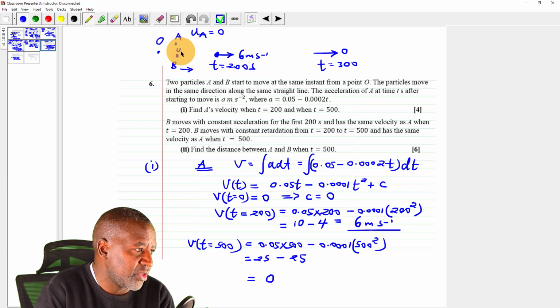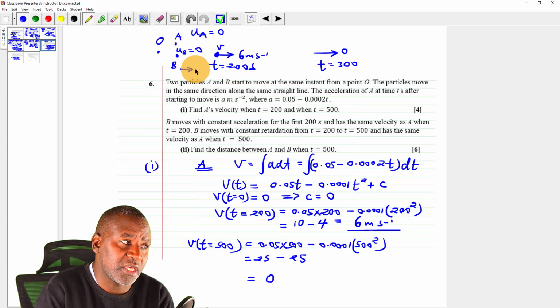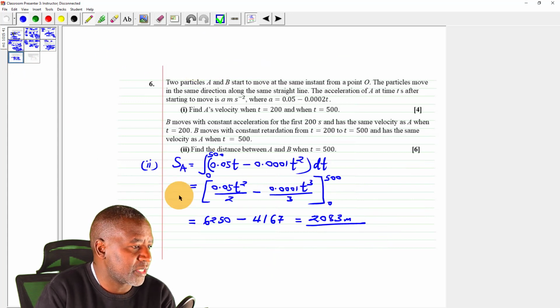It's starting with u of B being equal to 0, and its v at this point is 6 meters per second after this much time. Can I calculate the acceleration it has here? I have v, u, and t. I can work out the acceleration using the equation v equals u plus at.